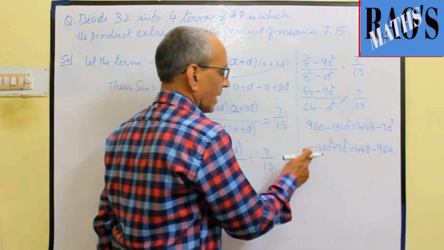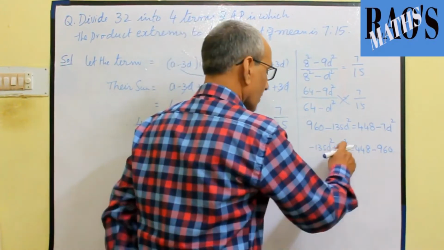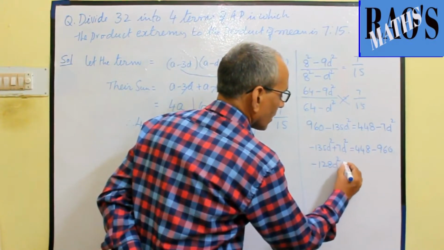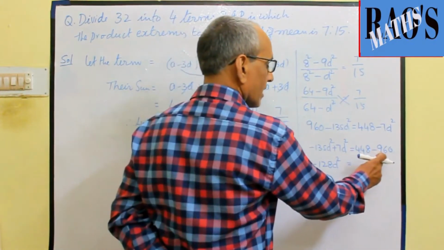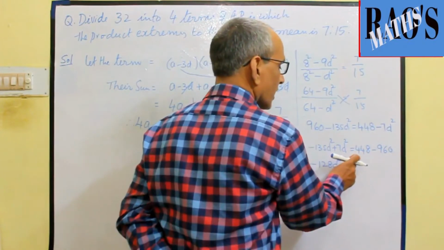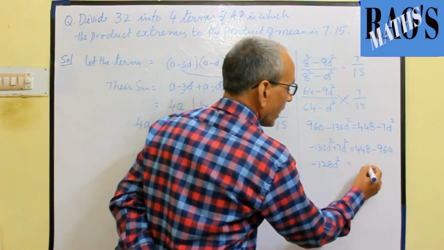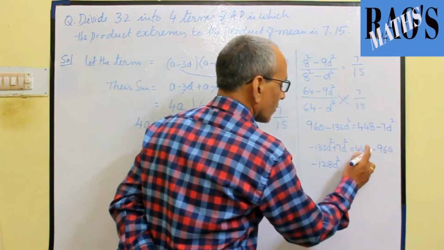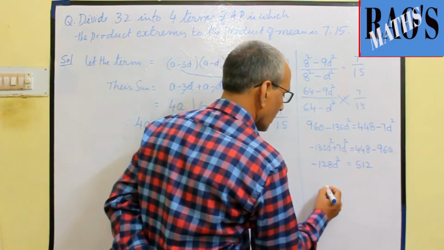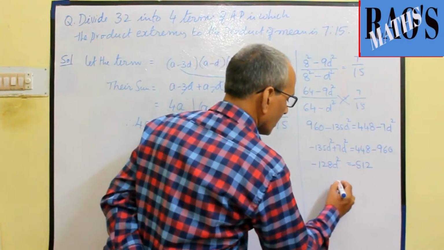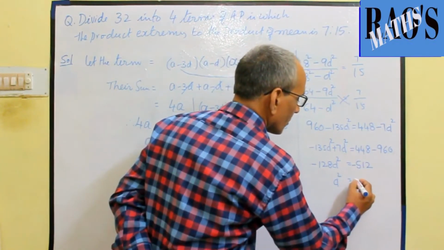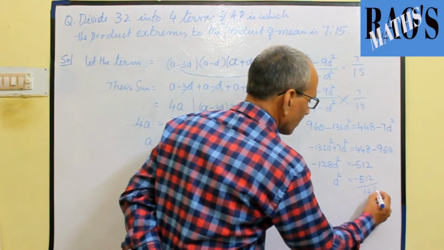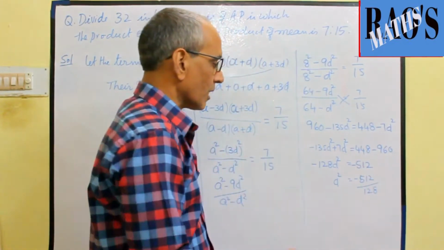Minus 135 plus 7 is minus 128D square, equal to minus 960 plus 448, that is minus 512. Therefore D square is equal to 512 by 128, which goes exactly 4 times.